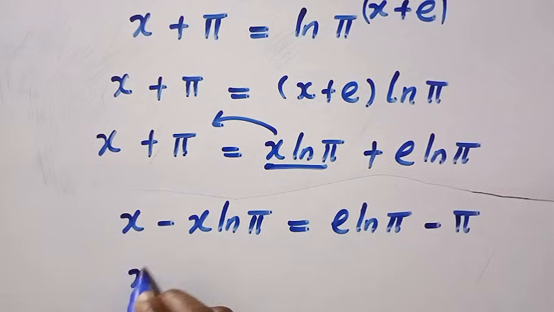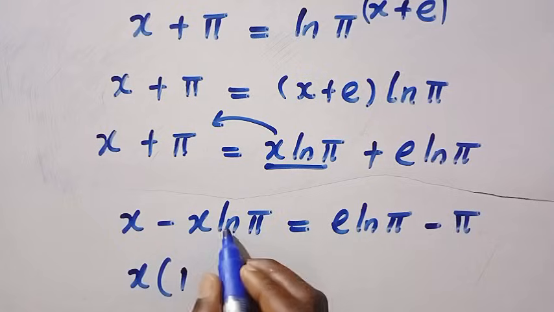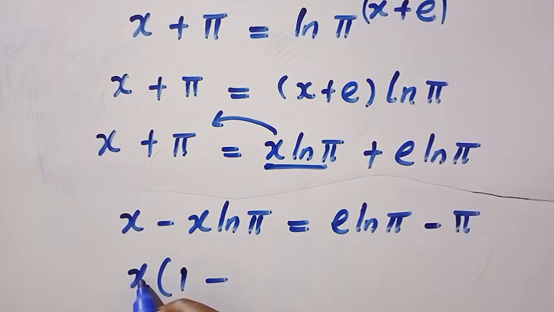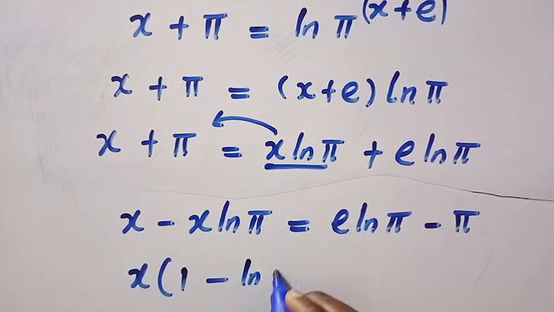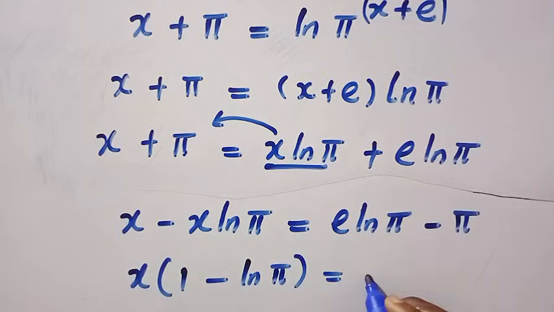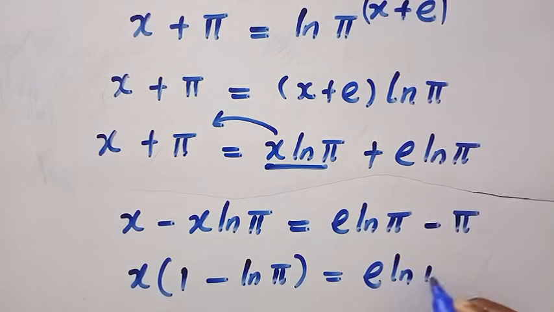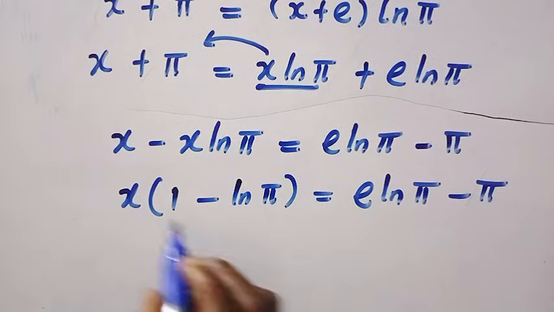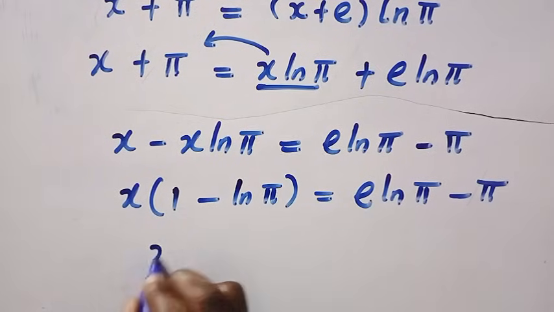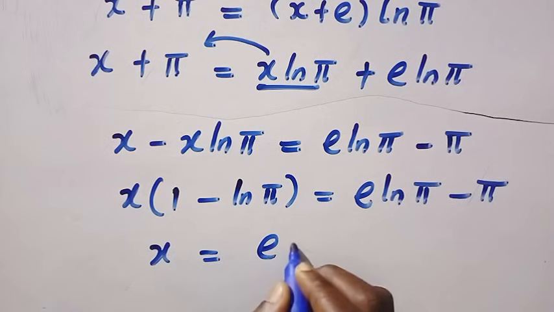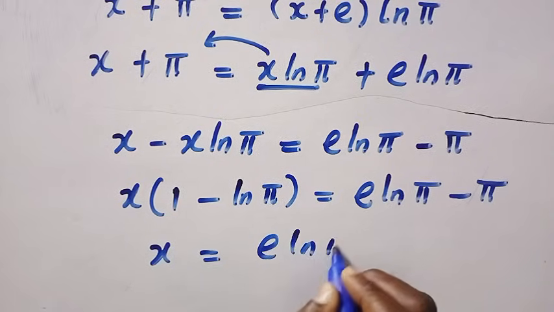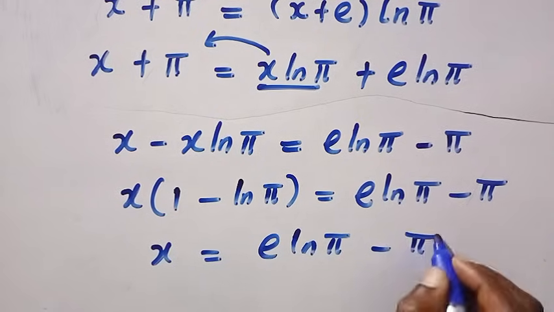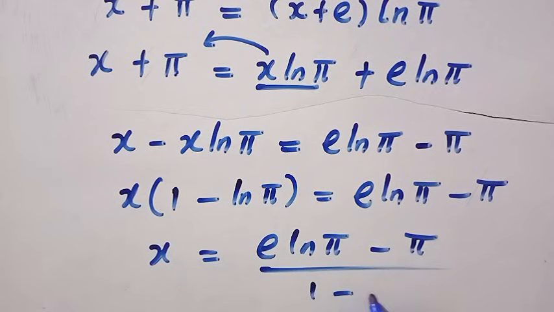Factoring out x, we have x(1 − ln π) = e ln π − π. Dividing both sides by 1 − ln π, we have x = (e ln π − π) / (1 − ln π).